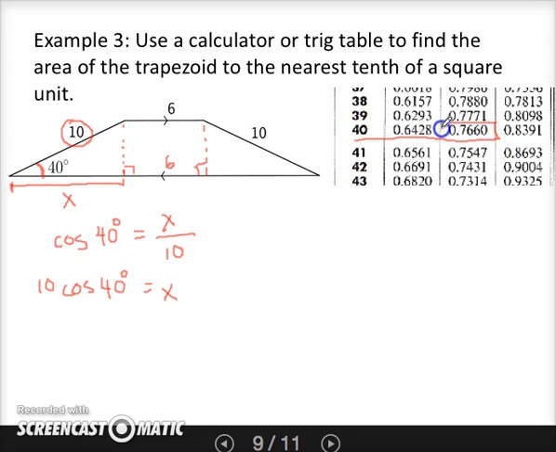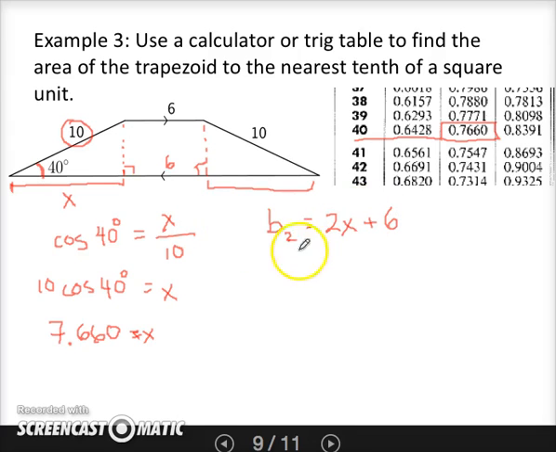I can look up the cosine of 40. It's 0.7660. Multiplying that by 10 is easy. I'm just going to move the decimal point over and make it 7.660. So that's my x, this part. So my entire base, or the entire lower base here, is going to be two of those, two x's, plus this middle portion here, which is 6.